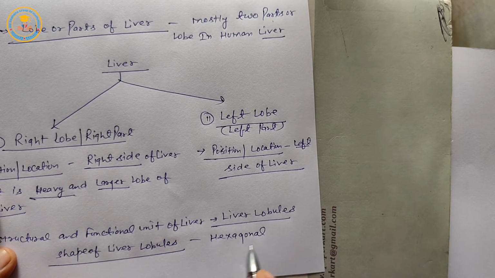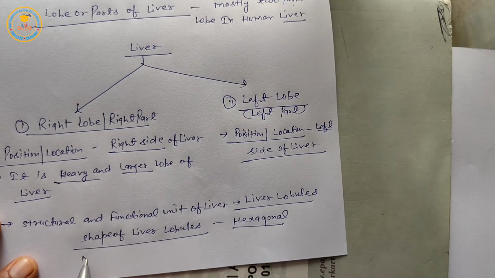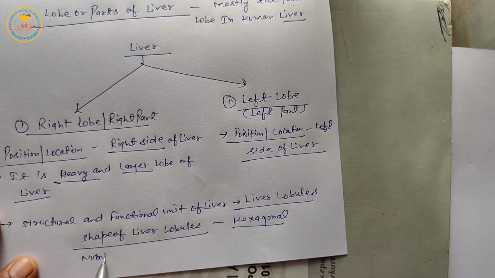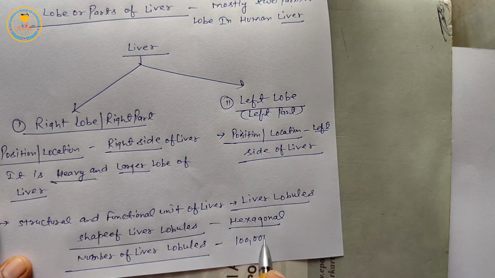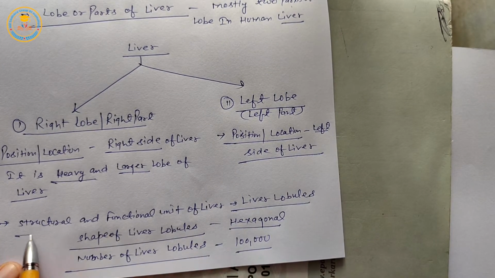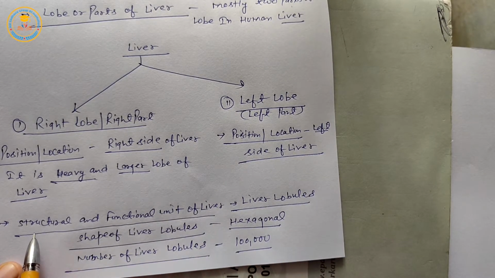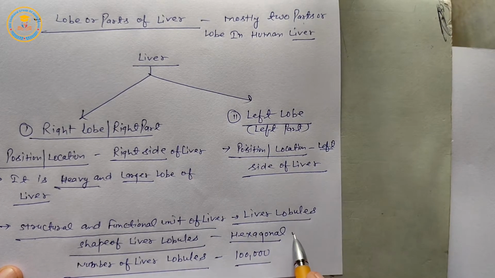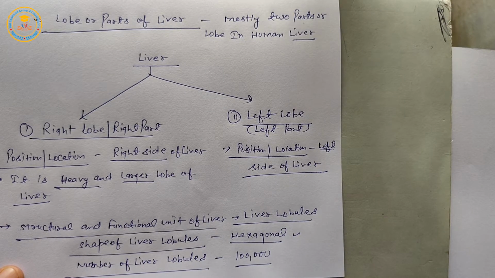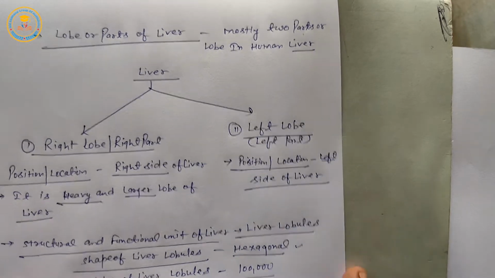Next, the number of liver lobules is 1 lakh in a healthy human.